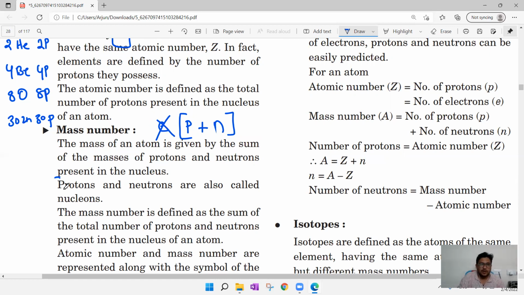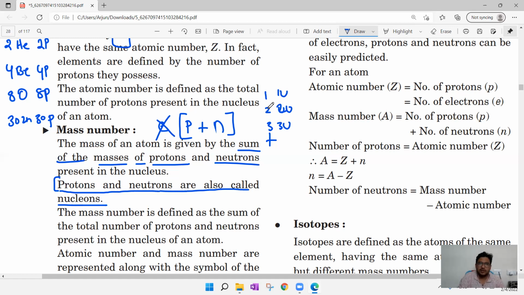Proton and neutron are also called nucleons. Why? Because they are present in the nucleus. The mass number of an atom is given by the sum of the masses of proton and neutron. Proton mass and proton count are the same, because if there is 1 proton we can call it 1 unit, 2 protons 2 units, 3 protons 3 units.